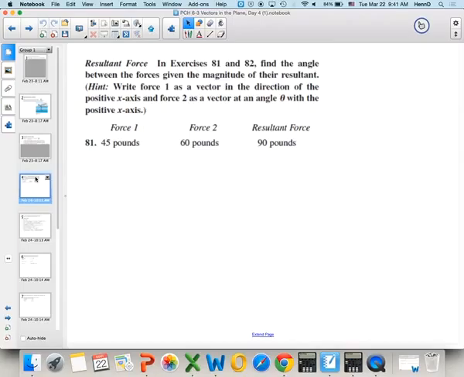I wanted to find an angle between two vectors. Okay? So we had this 45-pound vector, and we had this 60-pound vector. That's the 60, and here's the 45. And we wanted to find the angle between the two vectors.